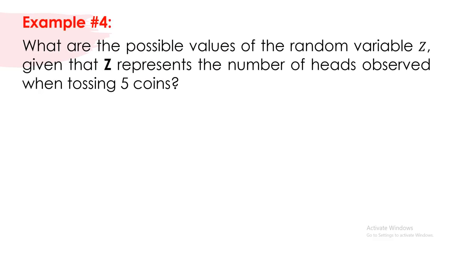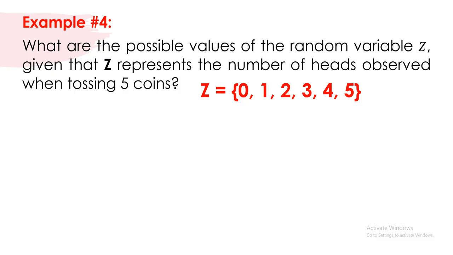Next example. What are the possible values of the random variable z, given that z represents the number of heads observed when tossing 5 coins? Here, we are going to toss 5 coins. What do you think are the values of the random variable if z represents the number of heads? Meaning, how many heads can come out in each toss of the coins?